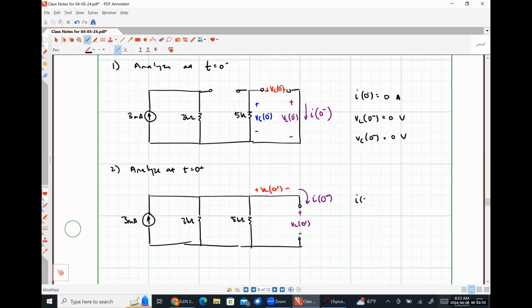We know that I at 0 plus has to equal I at 0 minus, so that's 0 amps. We also know that VC at 0 plus has to equal VC at 0 minus, so that's going to be 0 volts. The only thing that could possibly change would be our inductor voltage. So what do you guys think this is going to be?